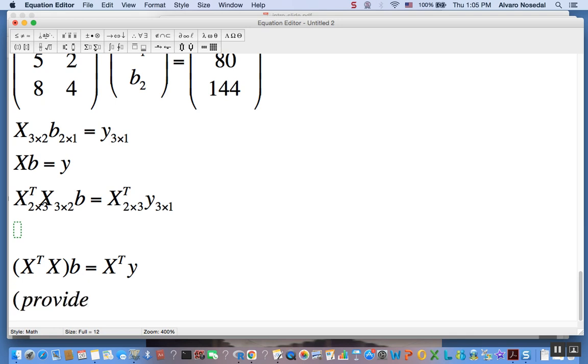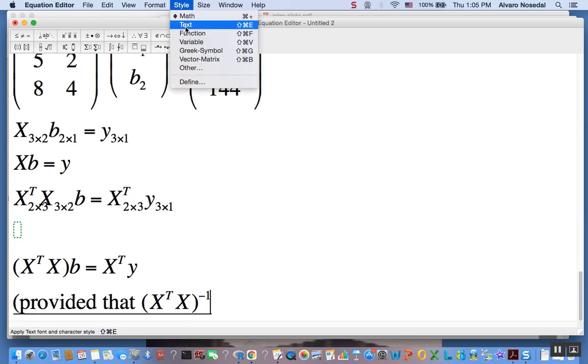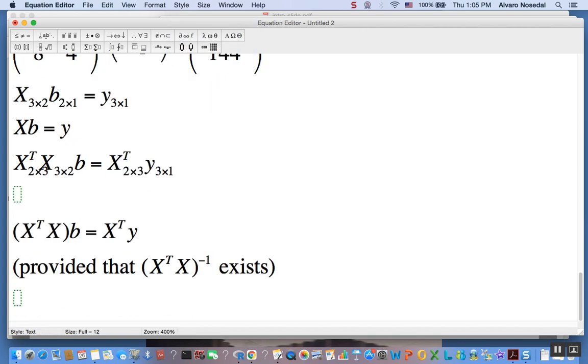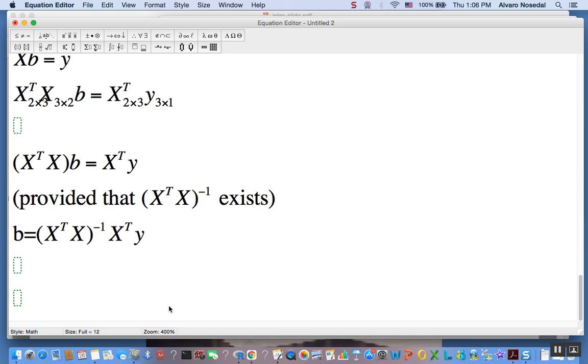So, provided that the inverse of this exists, b is going to be just the inverse of X transpose X times X transpose y. Right?